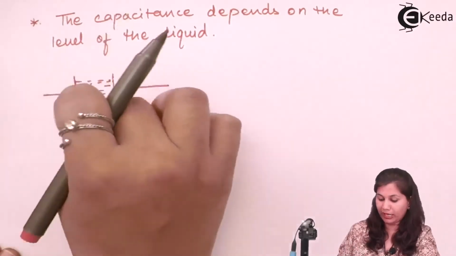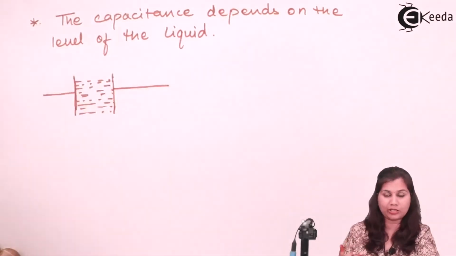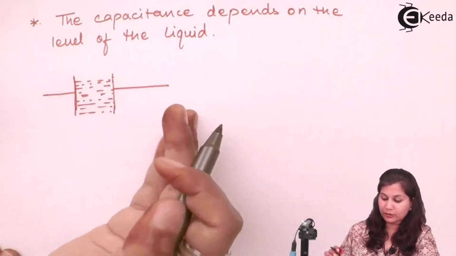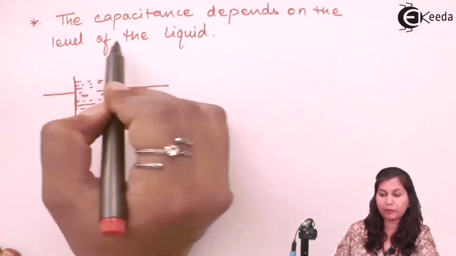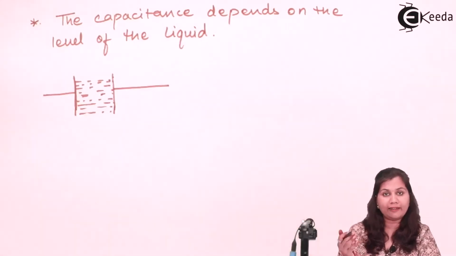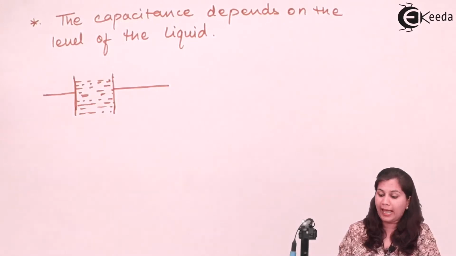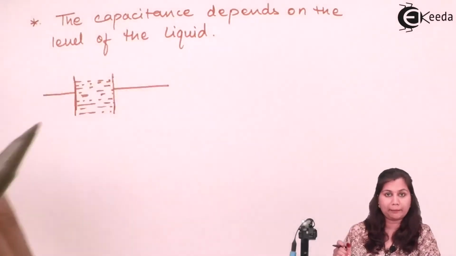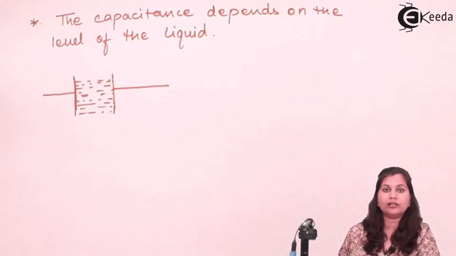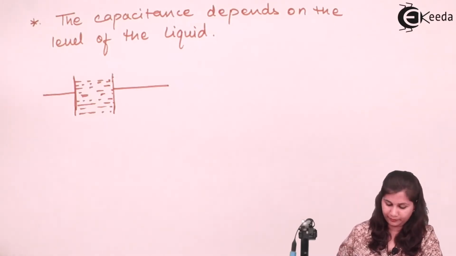The amount of dielectric medium between the plates is changing, so the capacitance is also going to change. So the capacitance depends upon the level of the liquid, and this principle is used by the capacitance level sensors for level measurement.